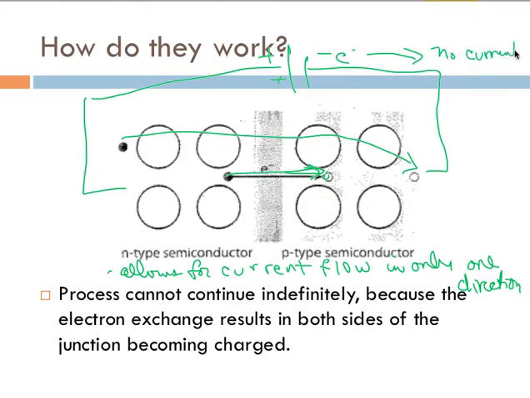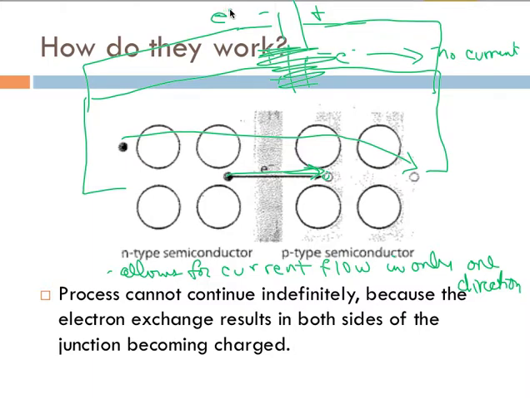Makes sense, because electrons flowing here are not going to have any driving force to want to go into the N-type semiconductor. However, if I switch this around, make that the positive side, this the negative side, and connect it, electrons now would be flowing this way, and you would complete that circuit and allow current to flow. I'm hoping that made sense. I would draw two pictures if I were you.